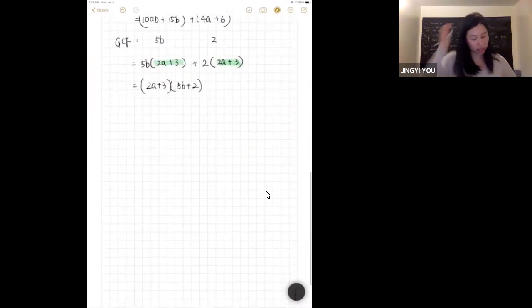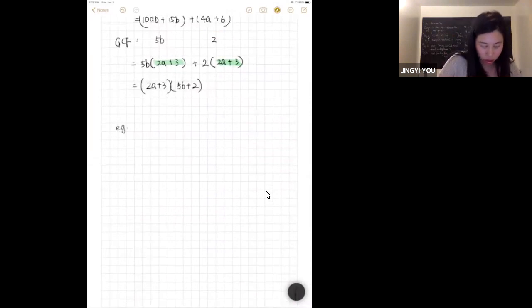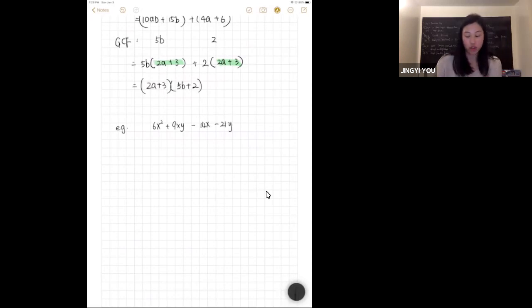So let's do another example. I have 6x squared plus 9xy minus 14x minus 21y. The first thing, when you look at the problem, is that they don't have a common factor. So what we can do is split the problem into 2 groups.